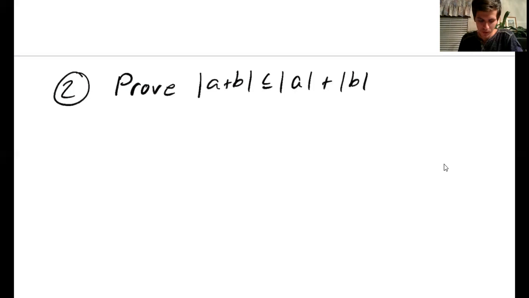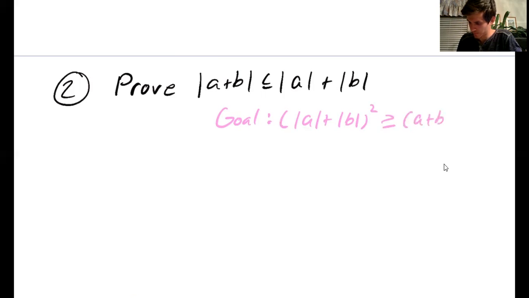And how we're going to start this is by giving a little goal here. The goal is to prove that the absolute value of A plus the absolute value of B, squared, is greater or equal to A plus B, squared.